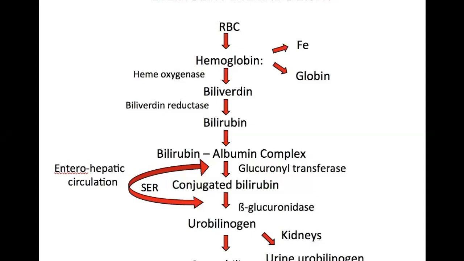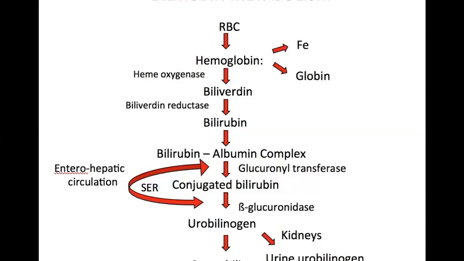So conjugated bilirubin undergoes one more step, which is called glucuronidation. The enzyme for glucuronidation is your beta glucuronidase. We now form urobilinogen. Urobilinogen can be passed through the stools, and this will be in the form of stercobilin. And this will give our stools a characteristic color. Urobilinogen will now be brought to the kidneys, and it will come out of the urine as urobilinogen.